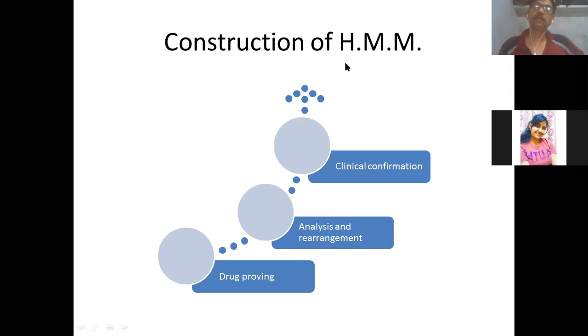In this drug proving, there is one important coordinator, and then the rest of the participants.